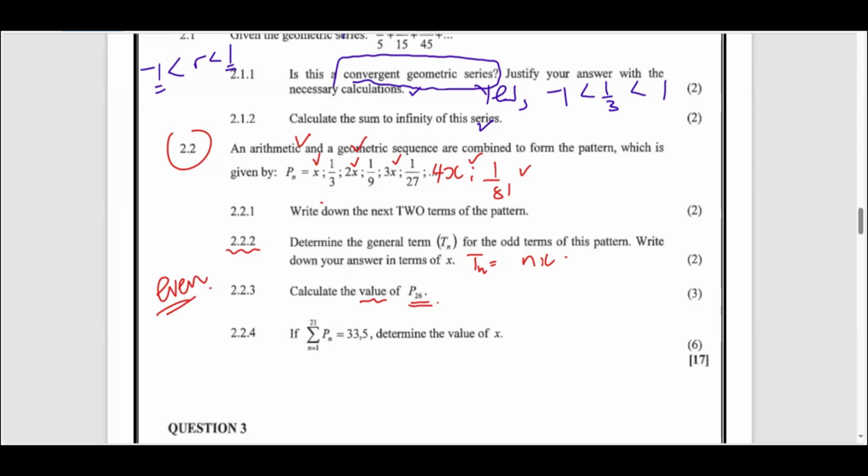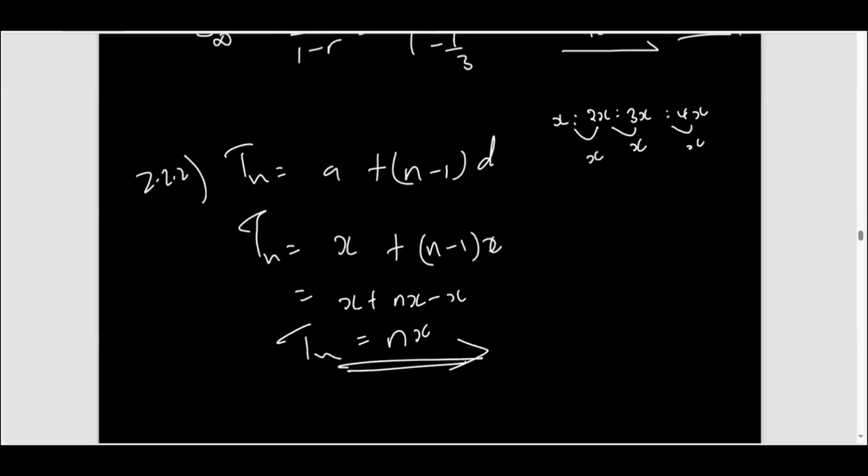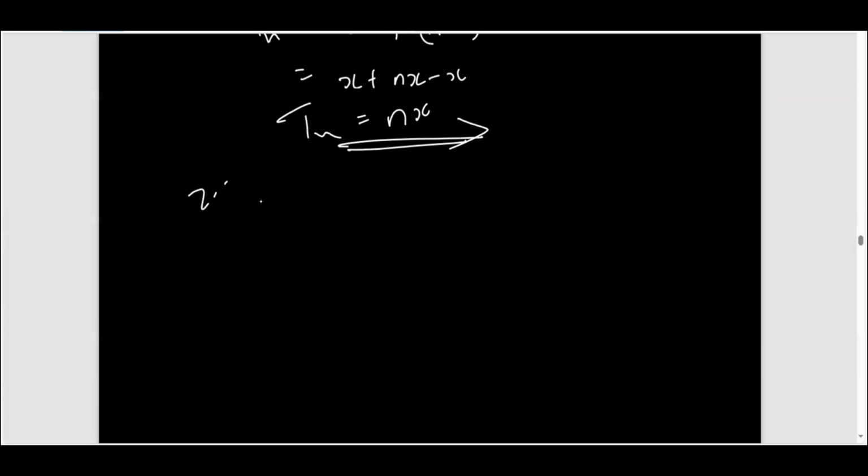So if 26 is an even number, we're going to look at the even pattern. The even number pattern is 1/3, 1/9, 1/27. This is 2.2.3. If I try to determine the nth term of this geometric, we know that's going to be a r to the exponent of n minus 1.